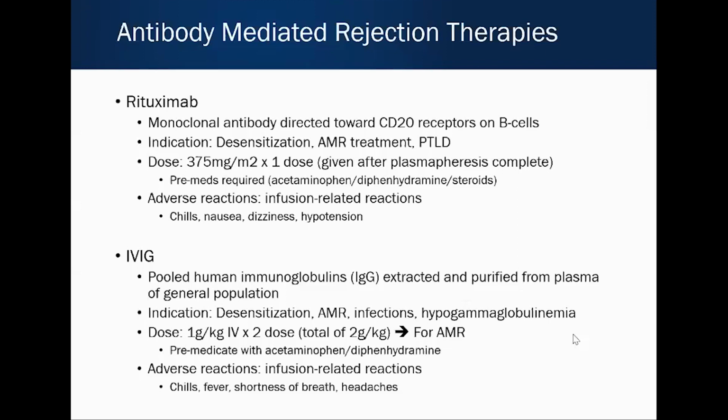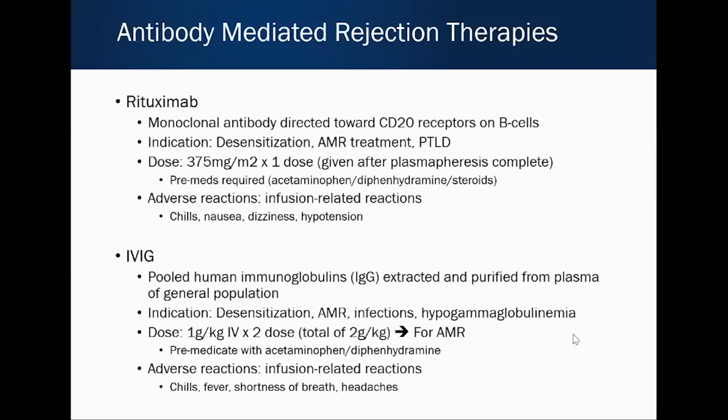The dose there, we give a one-time dose, always given after plasmapheresis is complete. It does require pre-medications, as there are infusion-related reactions associated with the drug. The drug can only be given to those patients after we've checked Hep B, Hep C serologies, just because the drug can cause a reactivation of those viral infections. So that's just a piece that I always check before we administer drug.